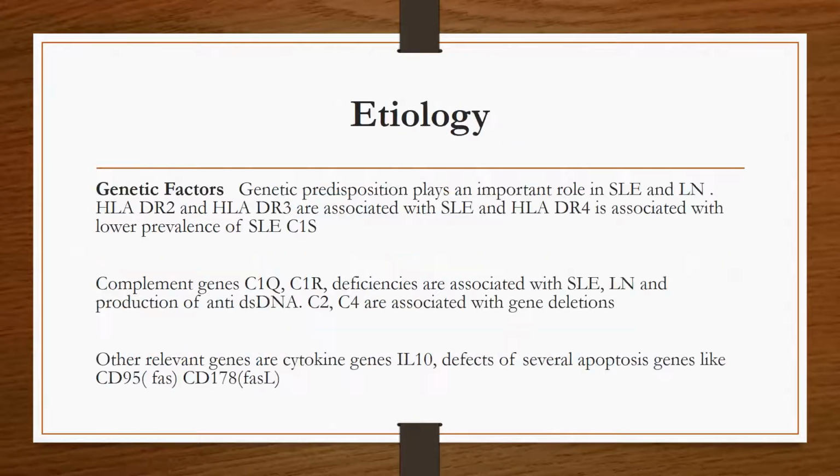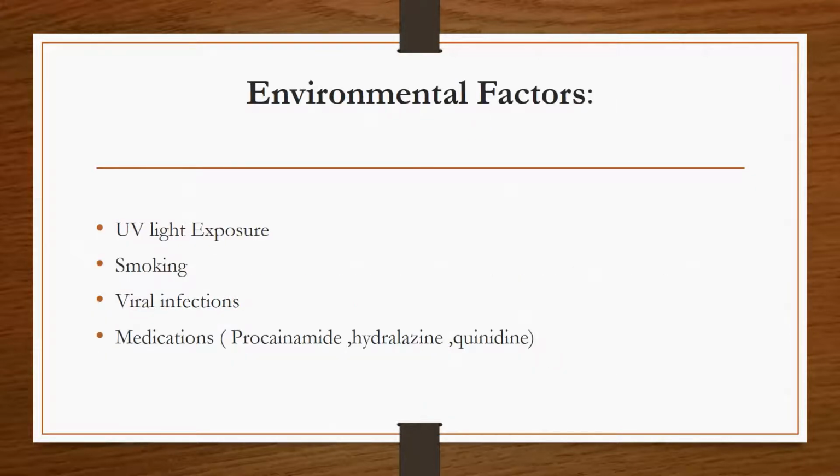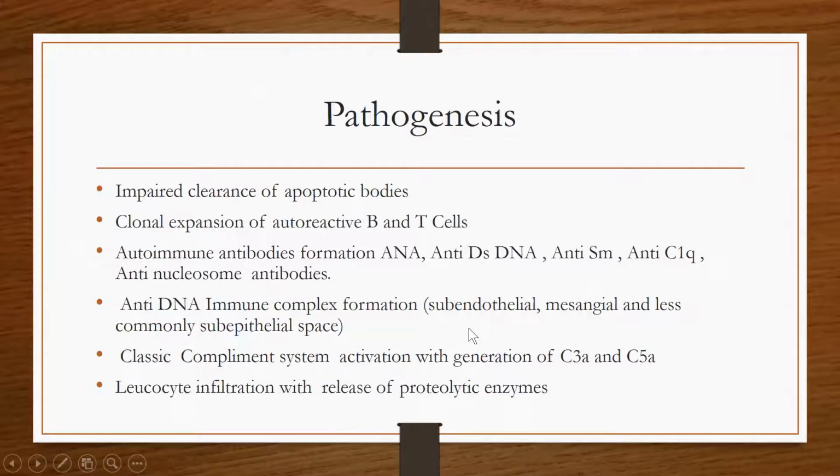They're at a high risk of SLE. There are certain genetic factors which predispose you to lupus, and then there are certain environmental factors which could also affect. The pathogenesis is there is a derangement of T and B cell immune system. There is more production of autoantibodies like ANA, anti-dsDNA, anti-Smith.